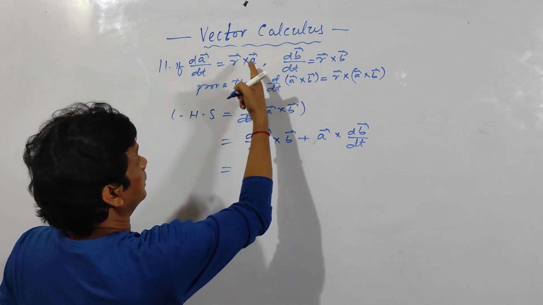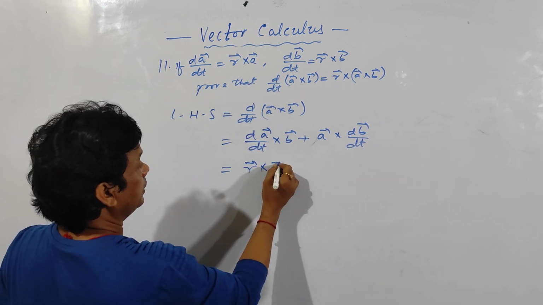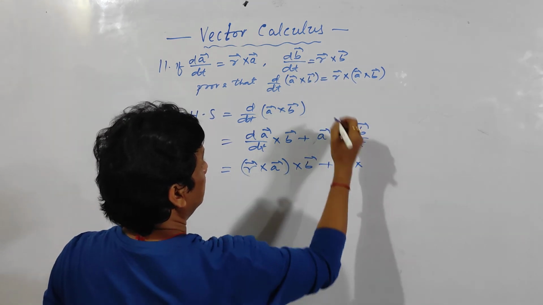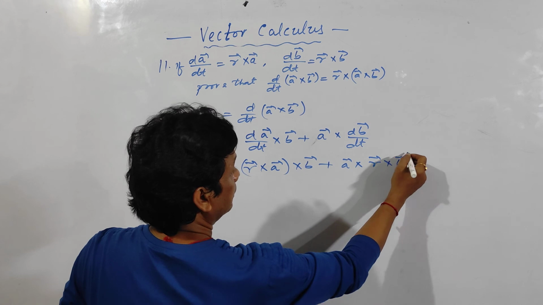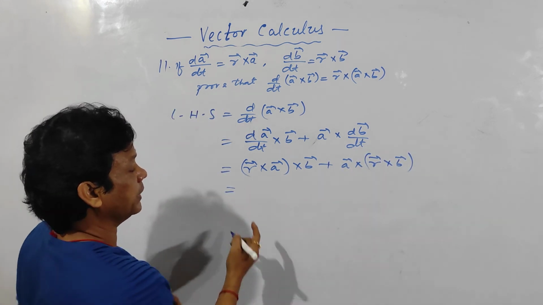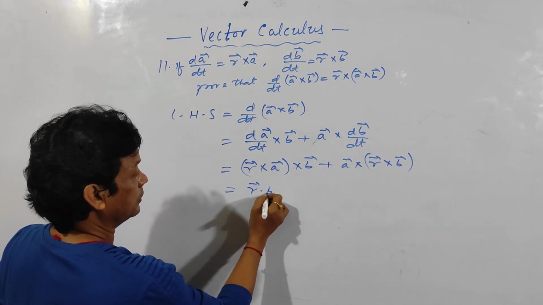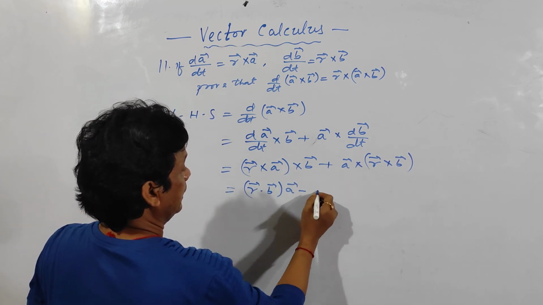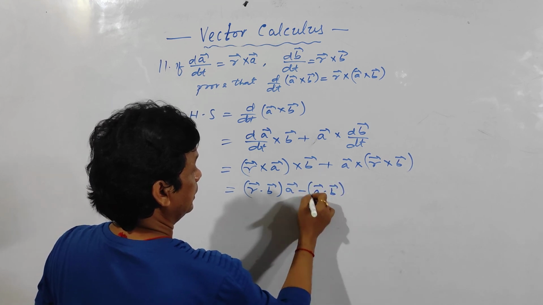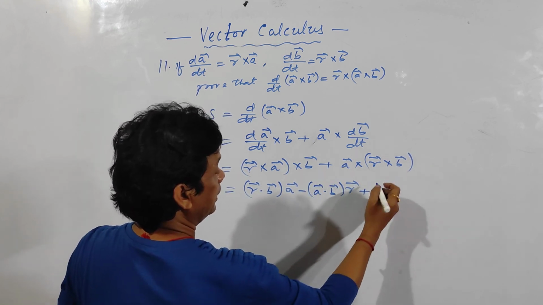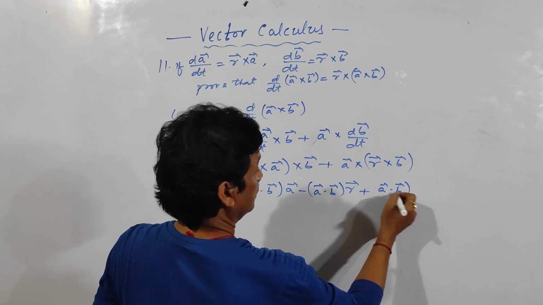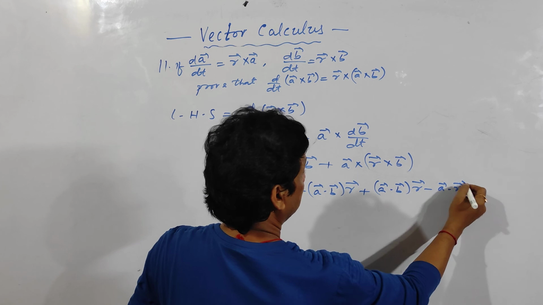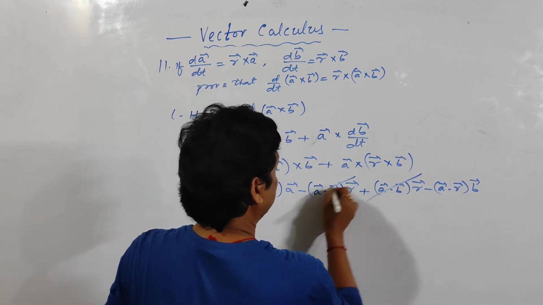So what is dA by dt? R cross A cross B plus A cross dB by dt, which is R cross B. Clear? So apply the vector triple product: R dot B into A minus A dot B into R, plus A dot B into R minus A dot R into B. So these two can be cancelled out.